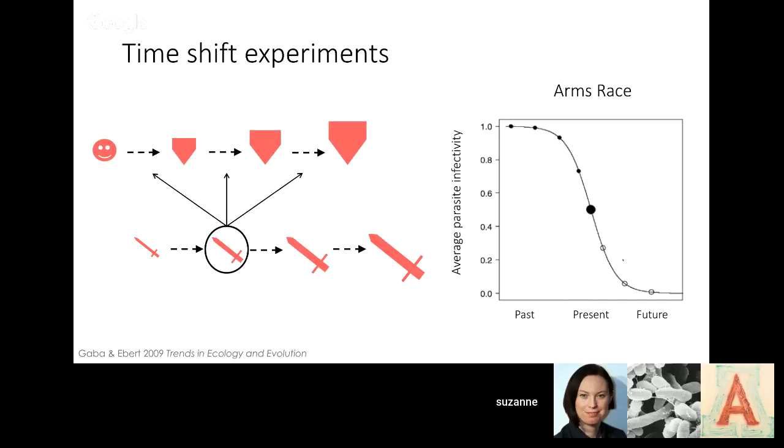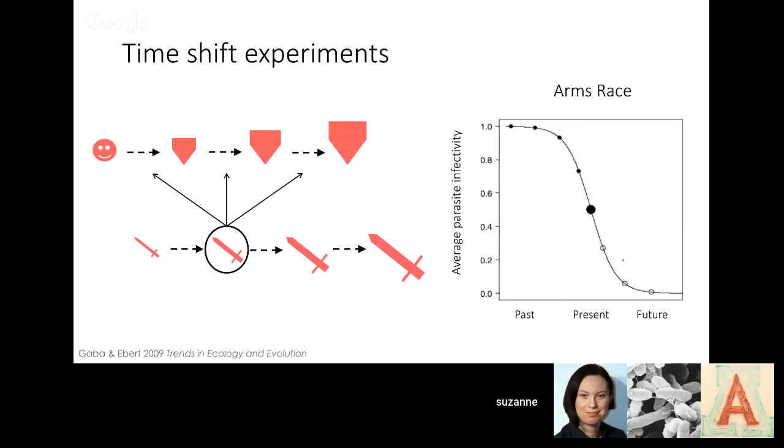So for arms race dynamics, you can see here that if you took a pathogen from a mid-time point, so this pathogen with this mid-sized sword here, and you infected it against its host from the past, the present, and the future, you can basically see that it's going to do increasingly better against hosts from the distant past because they're less and less protected against that particular sword.